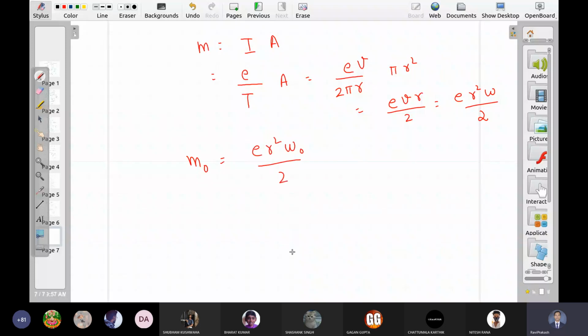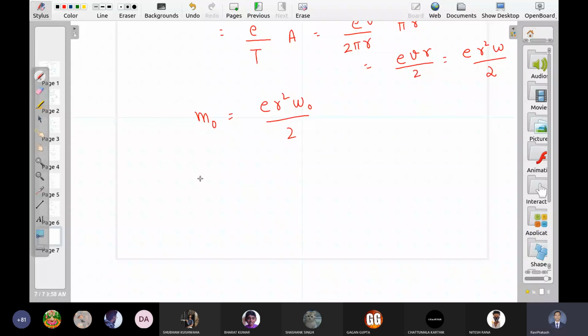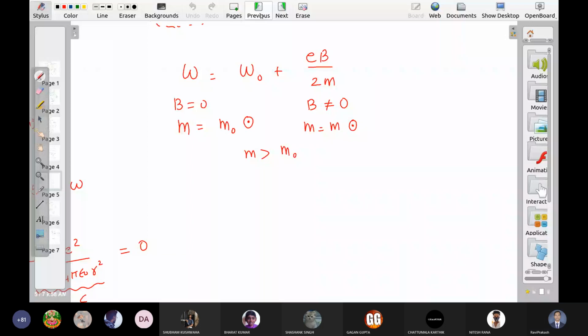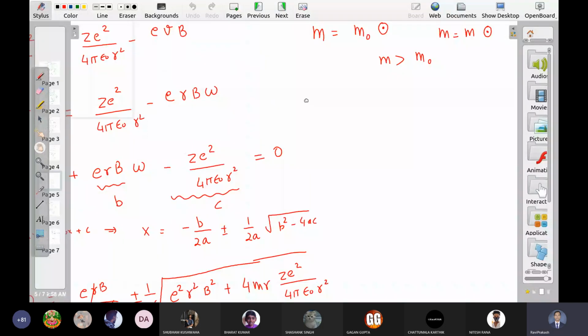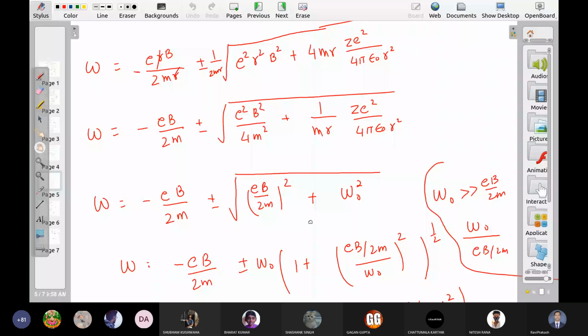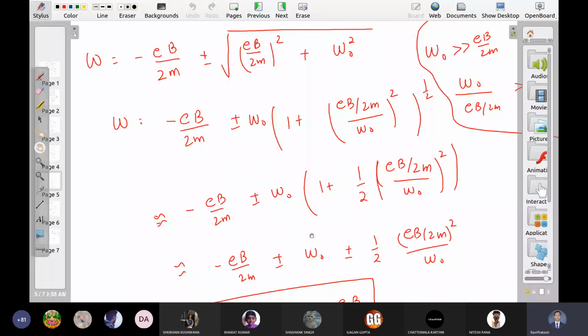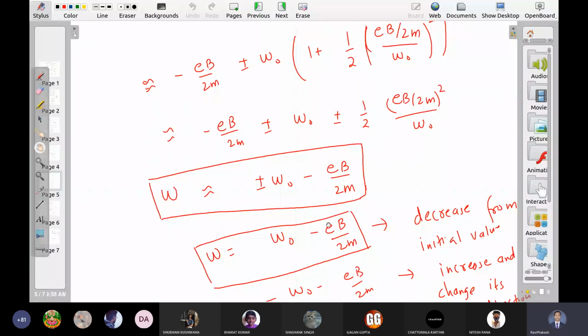And when I apply a magnetic field, what is the magnetic moment now? e r square omega upon 2. What is omega minus omega naught? You can see omega minus omega naught is this, eB upon 2m. So how much is the change in magnetic moment?